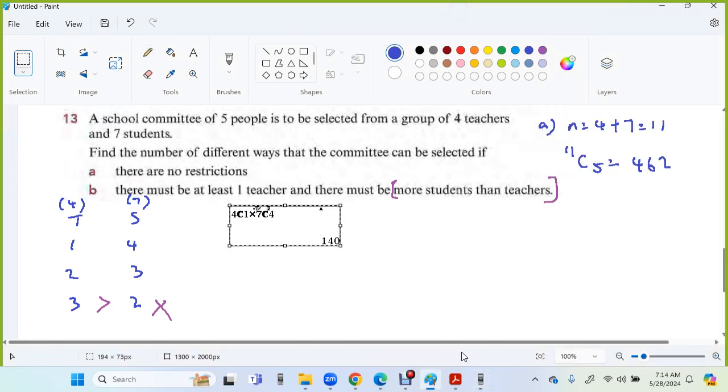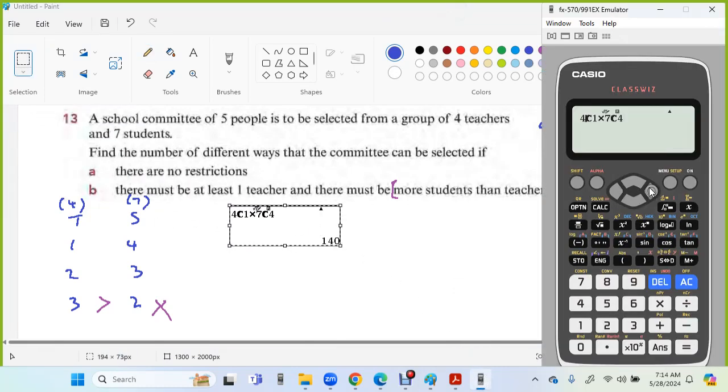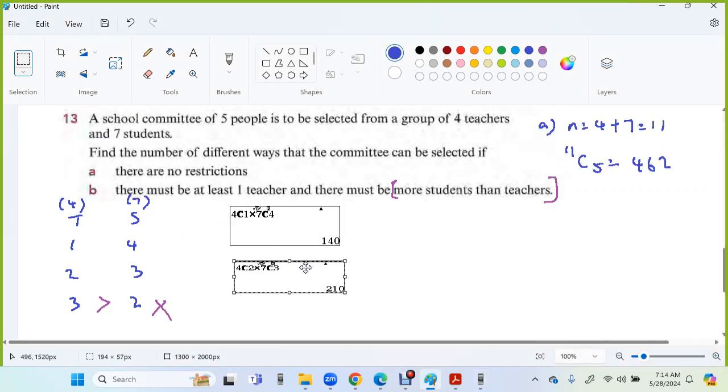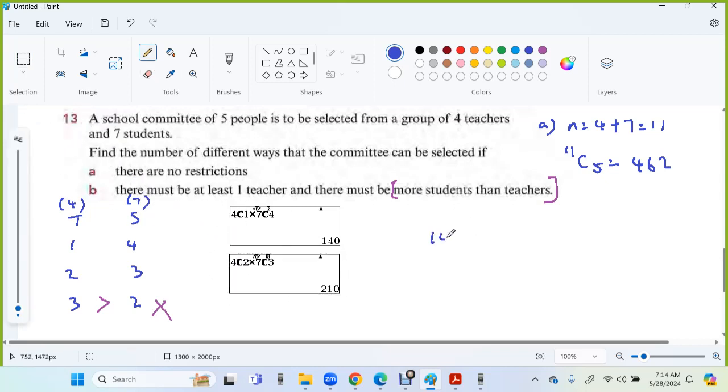And then we have the 4 choose 2 and then 7 choose 3. Then this will be 210. Okay, so in total, this will be the 140 plus 210. Then it will be 350. Okay.